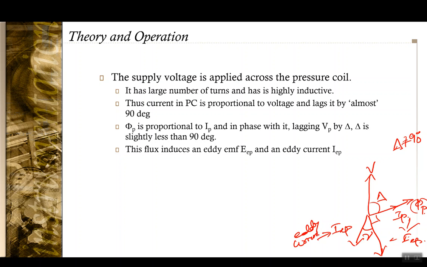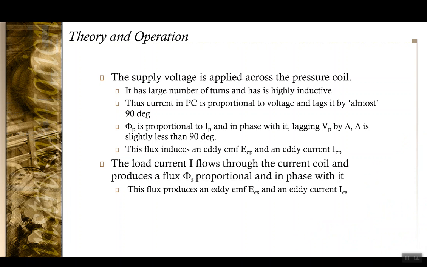Let's look at these things again later. On the other hand, the load current I, which flows through the current coil, produces a flux phi s, which will be proportional to and in phase with the load current. This flux will in turn produce an eddy EMF EES and an eddy current IES. Now we have seen that there are lots of parameters.